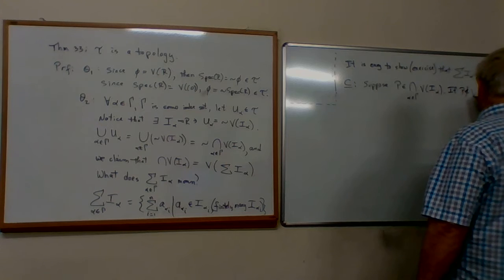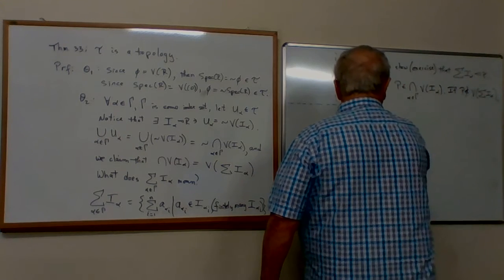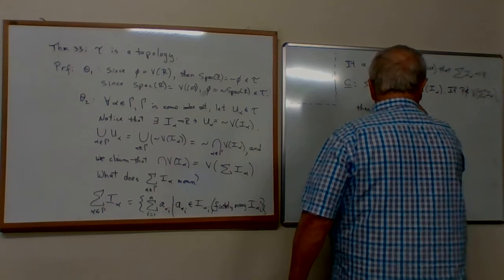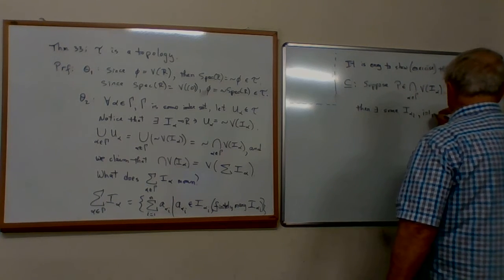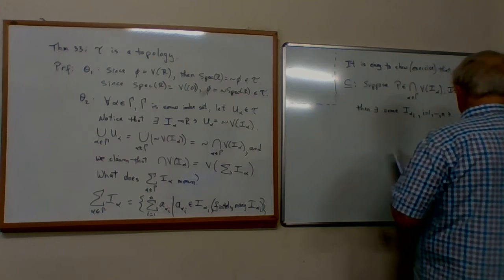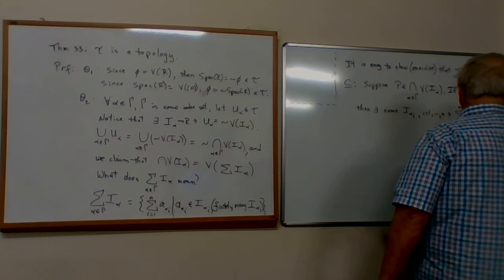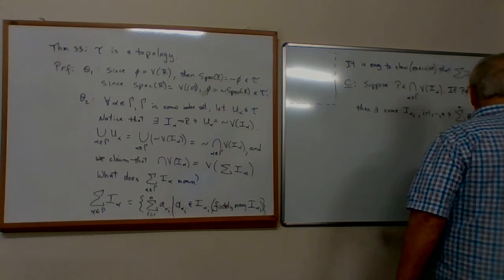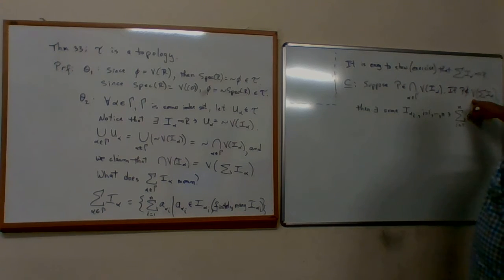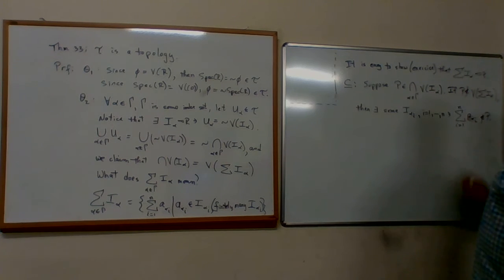If P is not an element of V of the sum, then there exist some I sub alpha sub i, where i equals 1 to n, such that the sum from i equals 1 to n of a sub alpha sub i is not in P. If P is not contained in the set of all things that contain that ideal, then P doesn't contain this ideal. So there must be something in the ideal that doesn't live inside P.